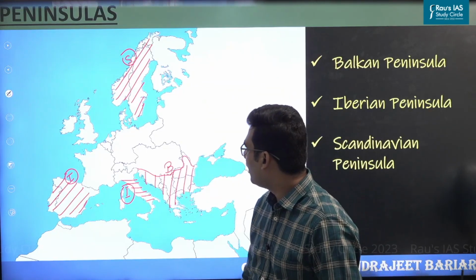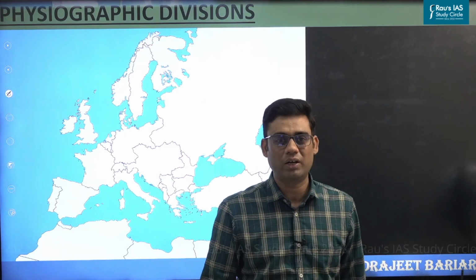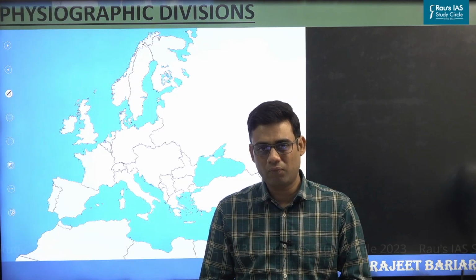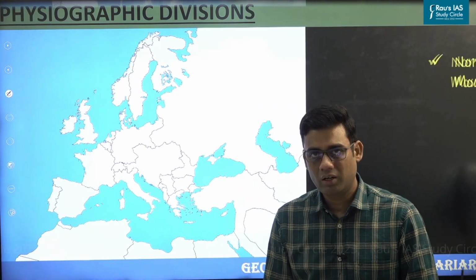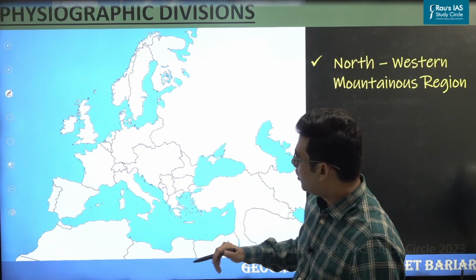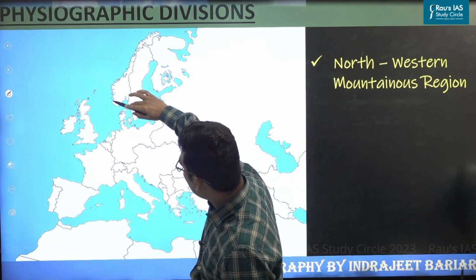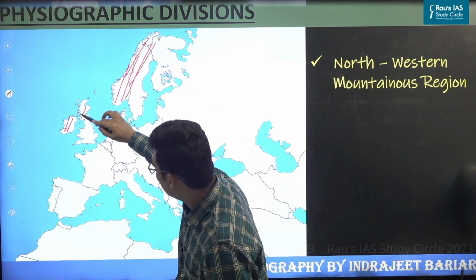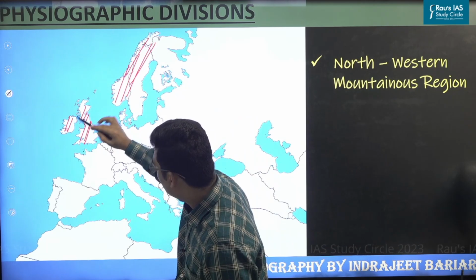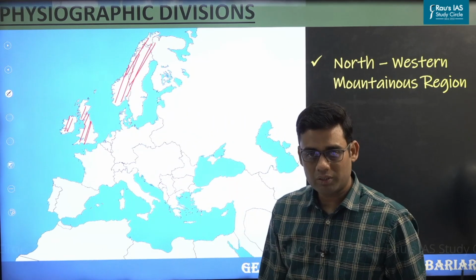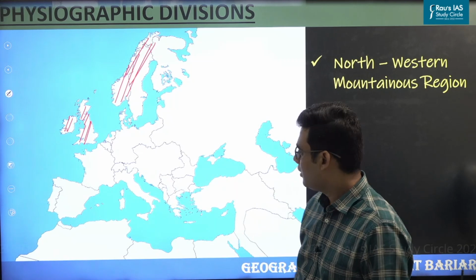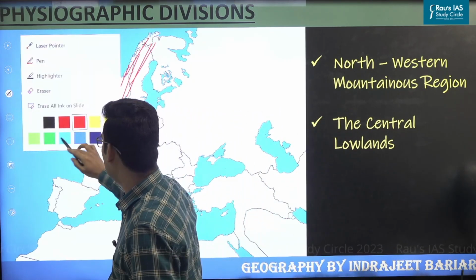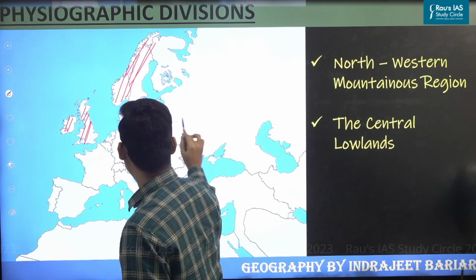Moving on, the next topic is the physiographic divisions of Europe. The first division that we identify is the northwestern mountainous region, which roughly covers this section. The second is the central lowlands, which I can identify over here.